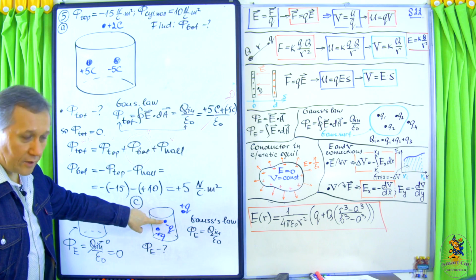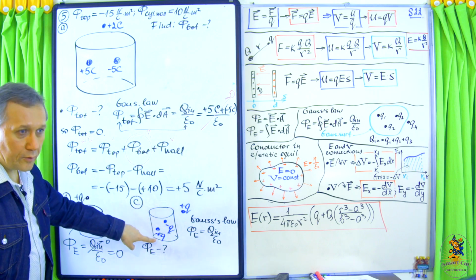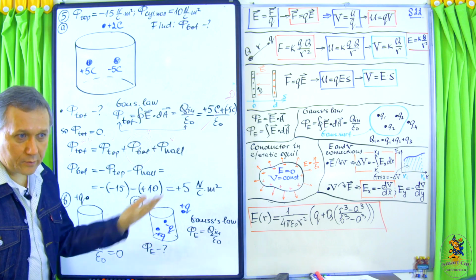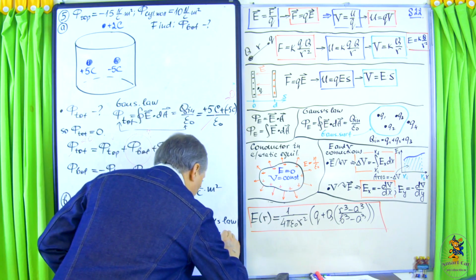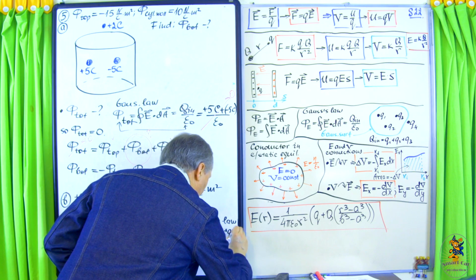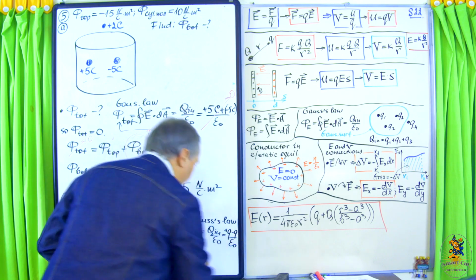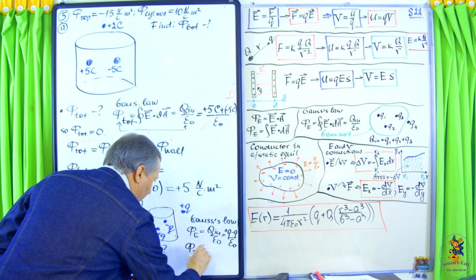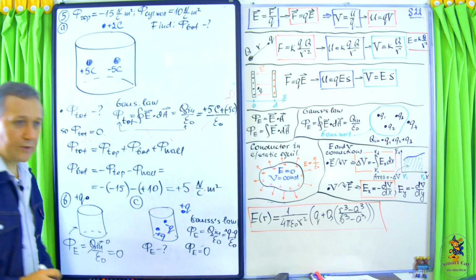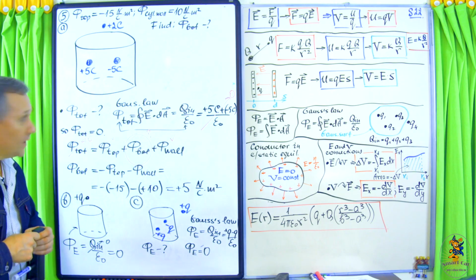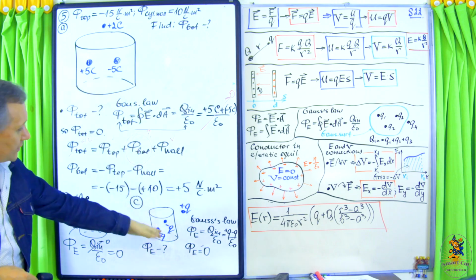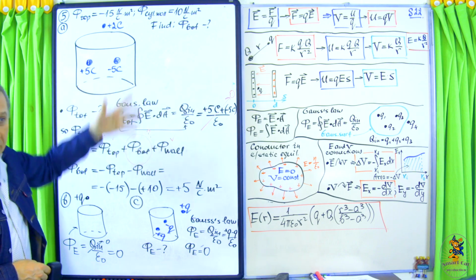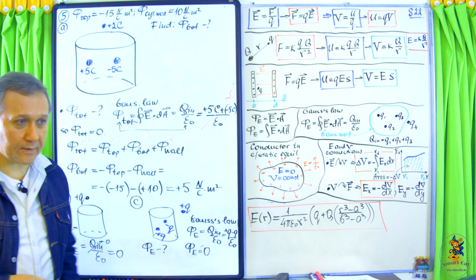These two charges are enclosed, and if you add them up, you end up with plus Q minus Q, which is 0, divided by epsilon naught. So the flux through that cylinder will be 0 again. Here we have plus Q minus Q; in the earlier problem I gave you plus 5 coulombs minus 5 coulombs. But the idea is the same.